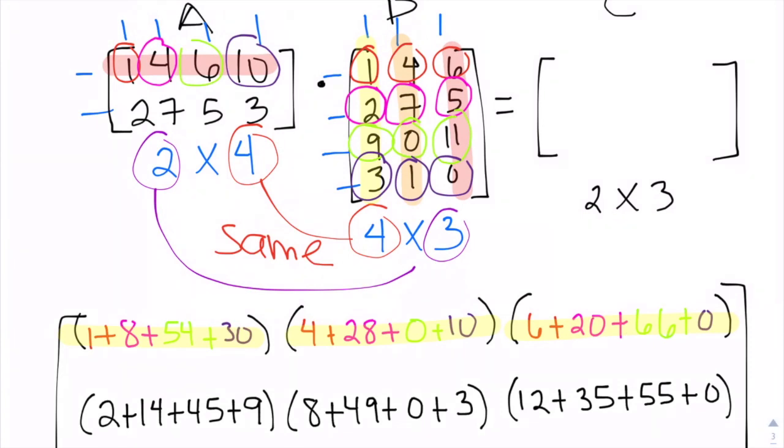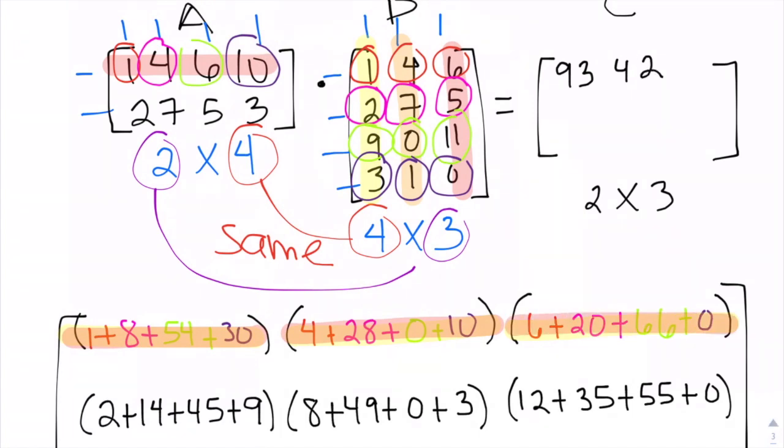Now we're going to add everything together. So we're going to say, okay, right here, added together gives us 93 in matrix C, and then right here is going to end up giving us 42.